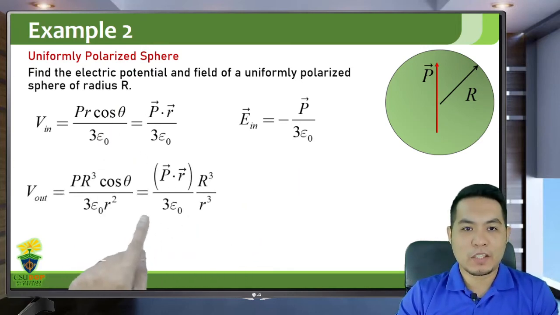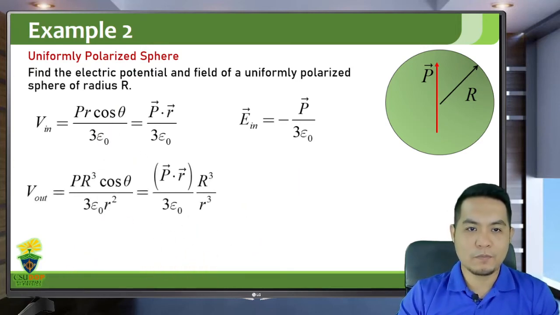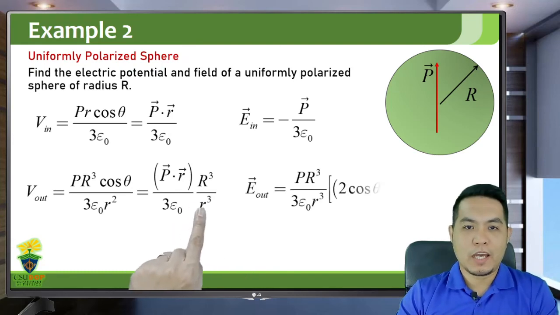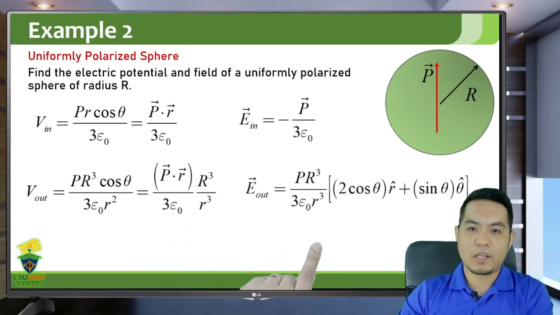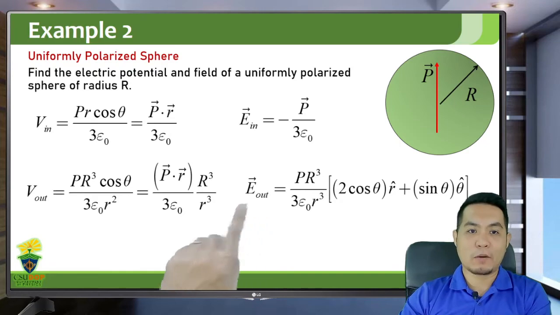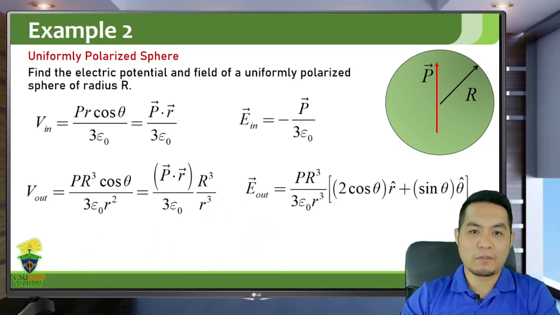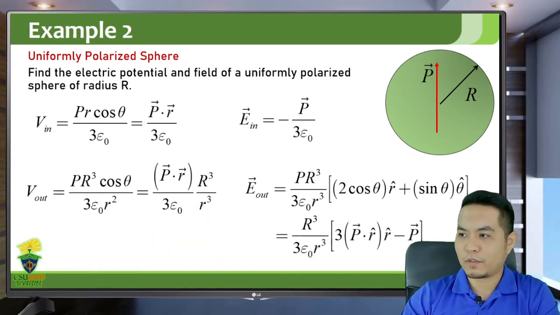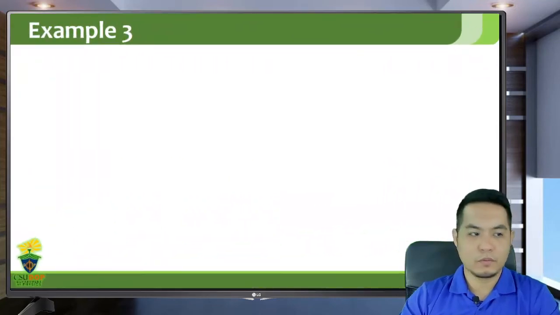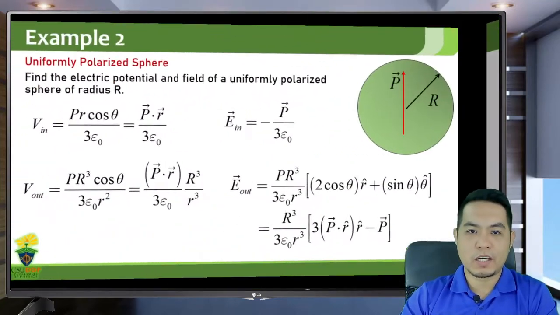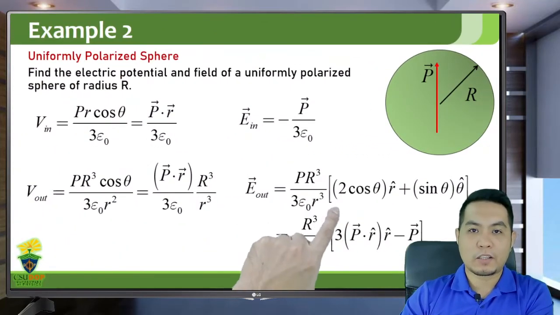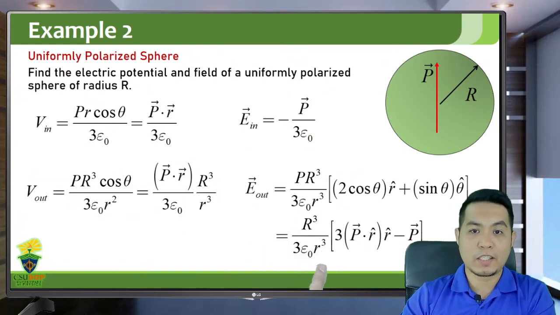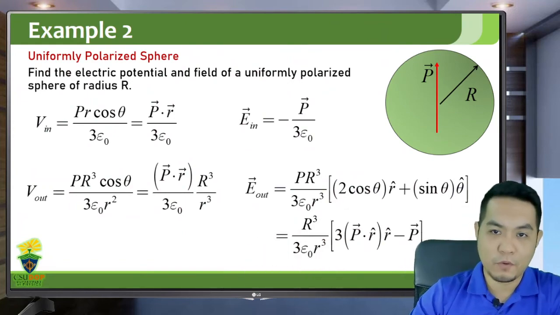This is the potential outside, and I can get the electric field outside by taking the negative gradient of this. So this is the electric field outside in spherical coordinates, and this is the coordinate-free form.